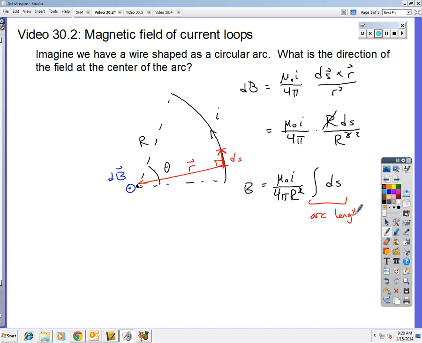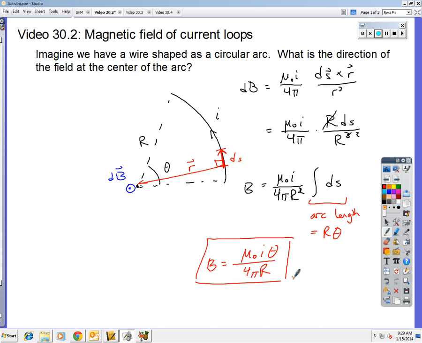So the total length of the wire. And that equals r times theta if theta is measured in radians. And so that means the magnetic field at the center of the arc is mu naught I theta over 4 pi r.